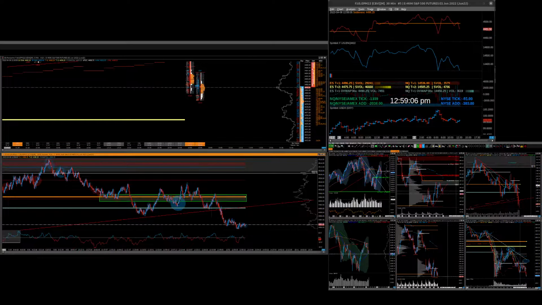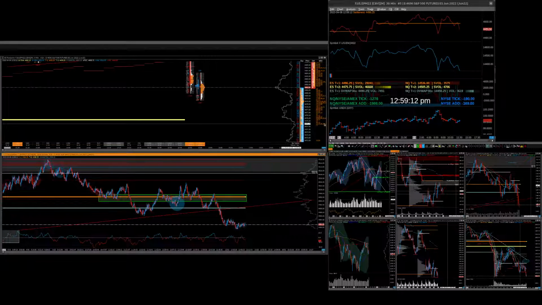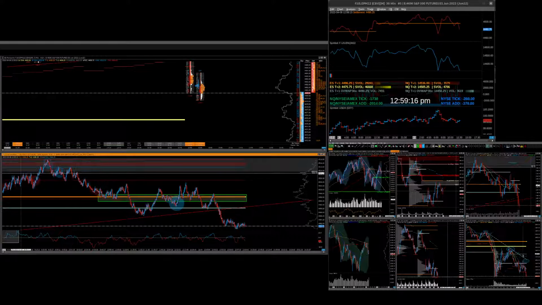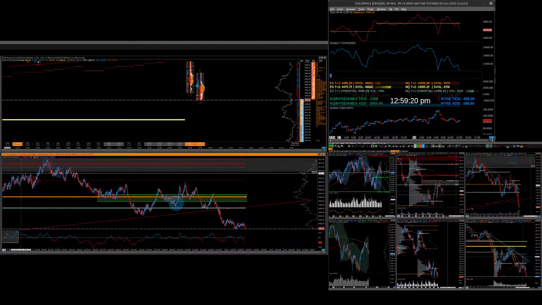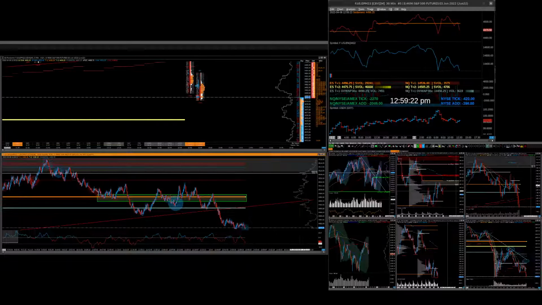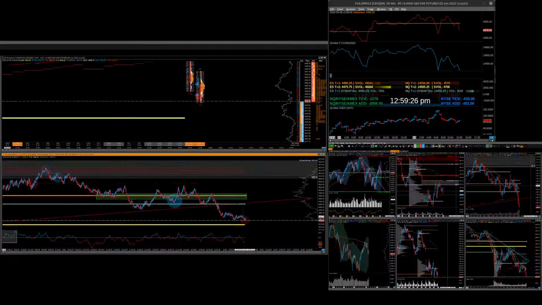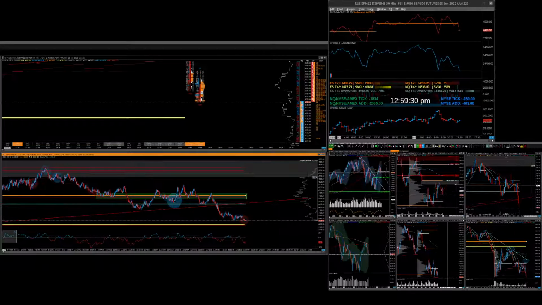Look at all the size orders coming in though on the E-mini, right? See all those 10 and 20 and 15 and 13. Bigger lots coming into the market here. I love it. So, anyway, T plus 2 is right here. It's the same line.